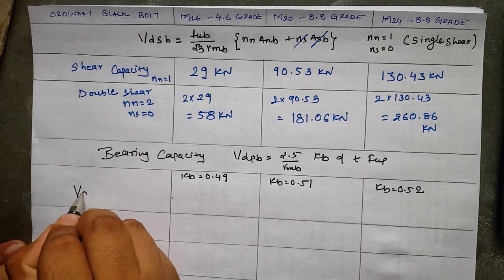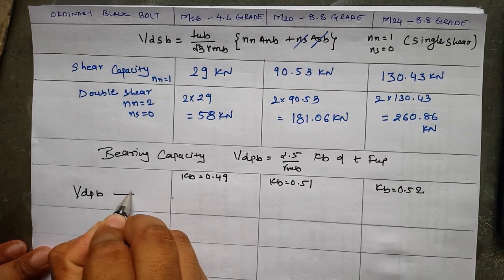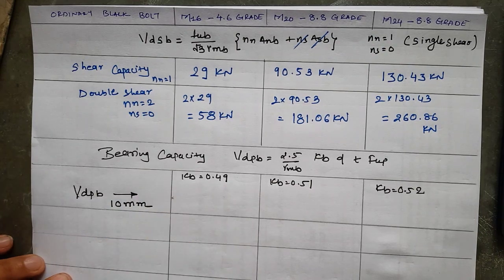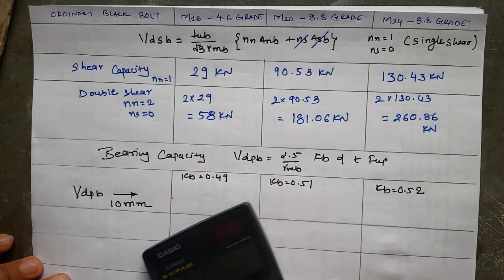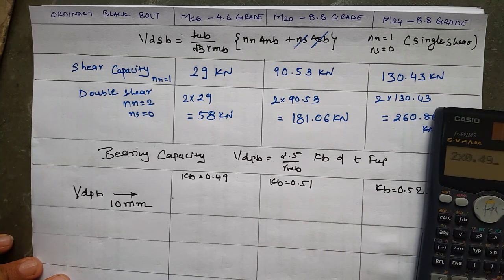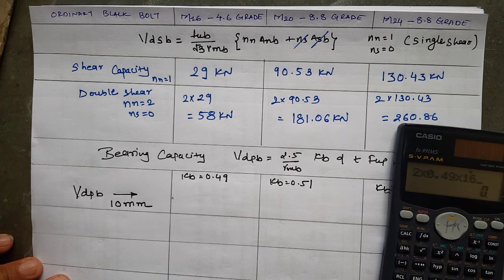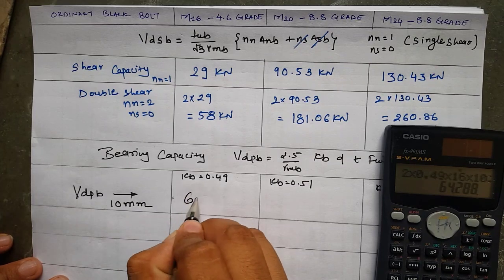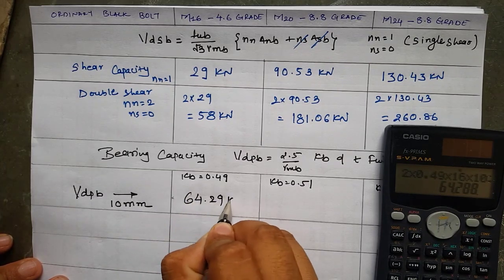Now see, VdPb means bearing capacity, and we are assuming here a 10 mm thick plate. So putting all the values, kb, d 16 mm, t 10 mm, fu 410, our value is 64.29 kilonewton.